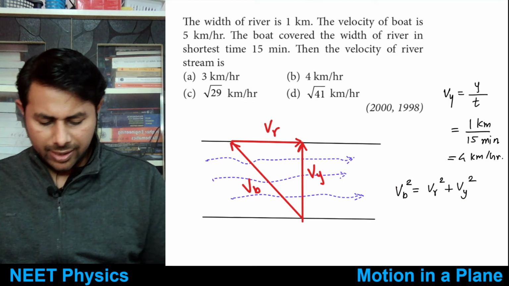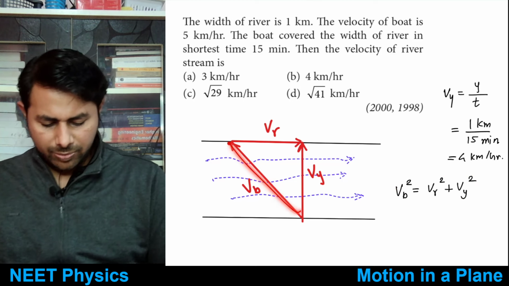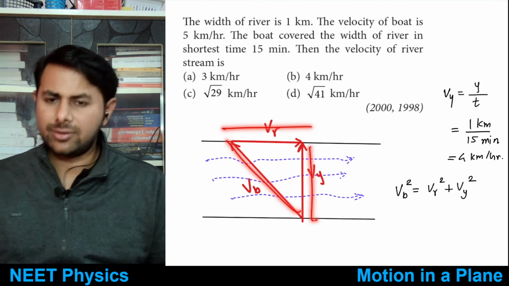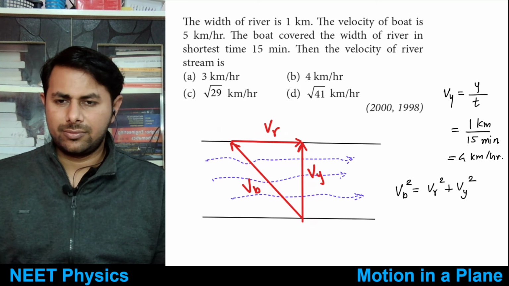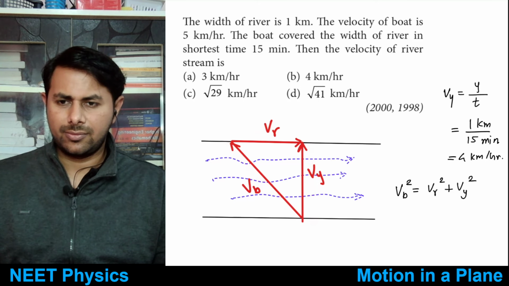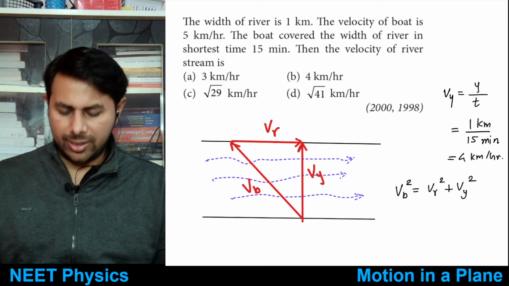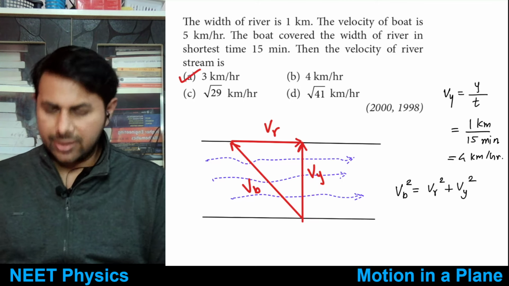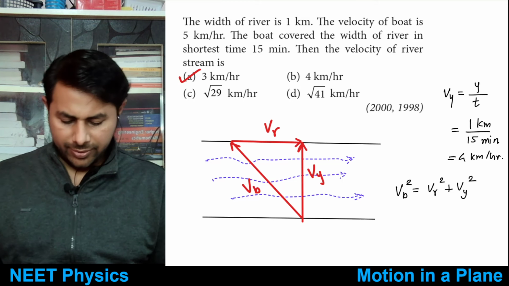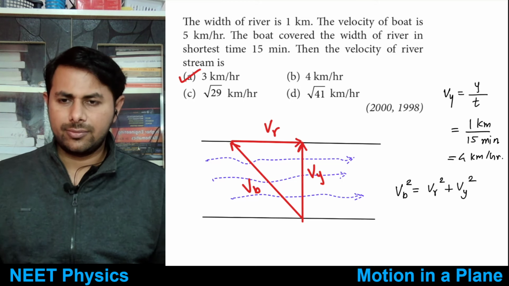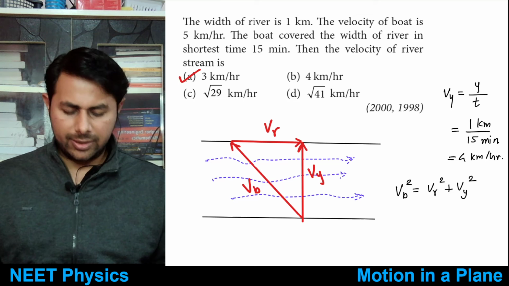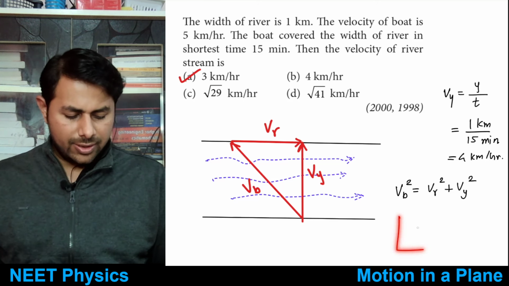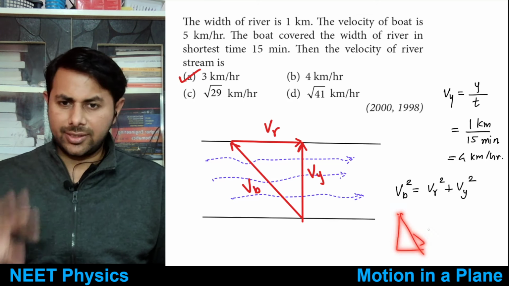So what will be Vr? This is 5, this is 4. Then what is this? Yeah, 3 kilometers per hour. Okay, remember the right angle triangle 3, 4, 5. There is a popular right angle triangle where the ratio of the three sides is 3, 4, 5.